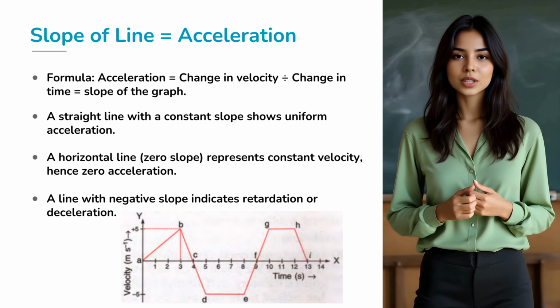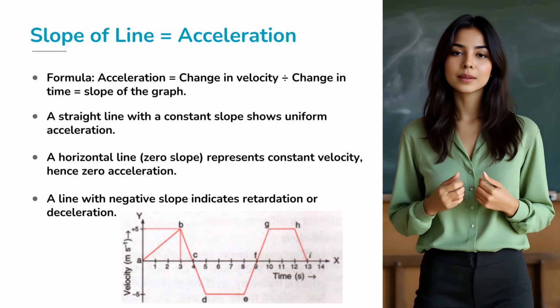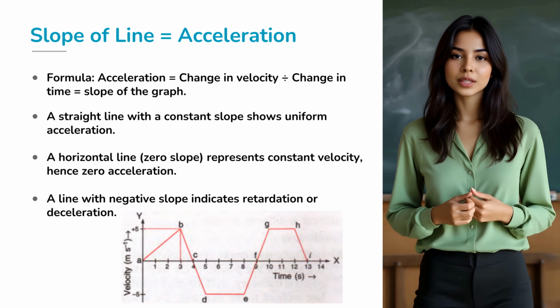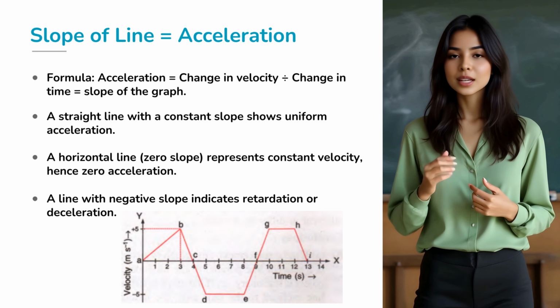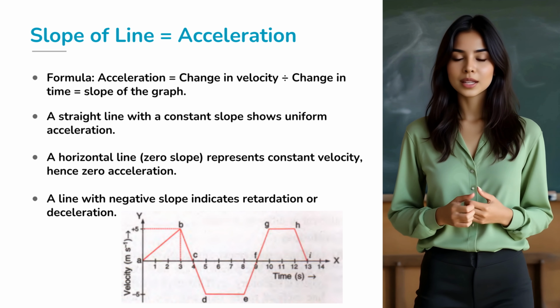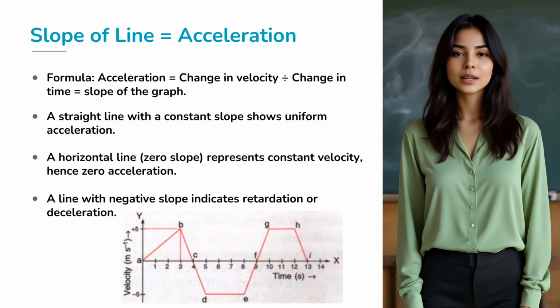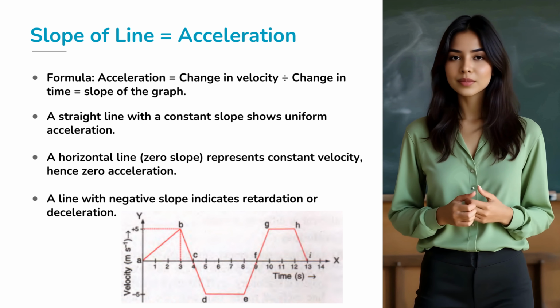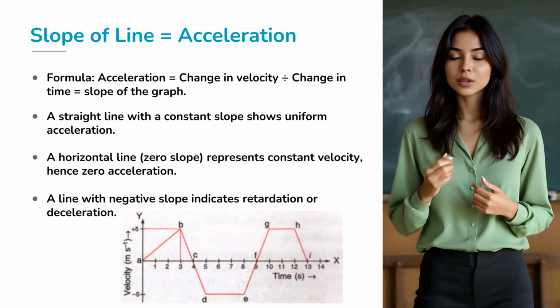Next up, acceleration. From the graph, acceleration is just the slope of the line. In simple terms, slope is how steep the line is. And mathematically, it's acceleration equals (final velocity minus initial velocity) divided by time interval. If the slope is a straight rising line, we have uniform acceleration.